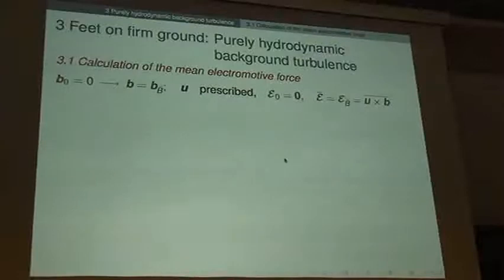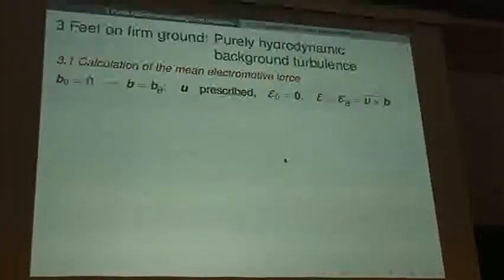Next section, I call it feet on firm ground, because this is really the part where we have certainty that the results are reasonable. This is referring to purely hydrodynamic background turbulence. Here it is again in notation. So B0 is 0, and all magnetic fluctuations, B, are due to the mean magnetic field. That's an important point to remember. Further on, I assume at this moment that the velocity U is prescribed.